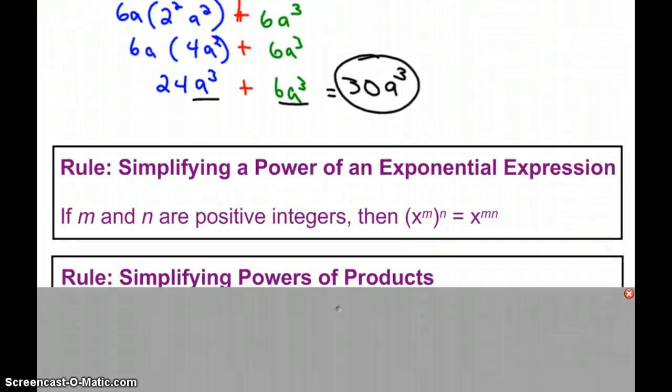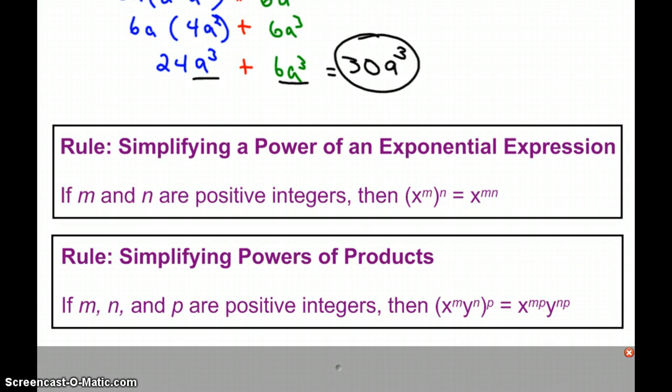So, in general, to summarize, simplifying a power of an exponential expression: if m and n are positive integers, so again m and n, the exponents, are positive integers, then x to the mth to the n power means we can multiply the exponents.